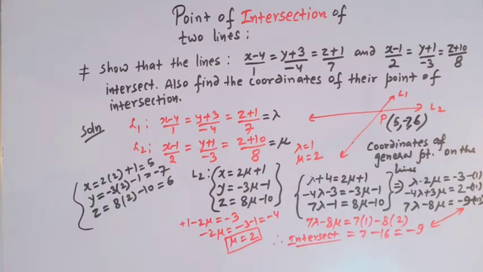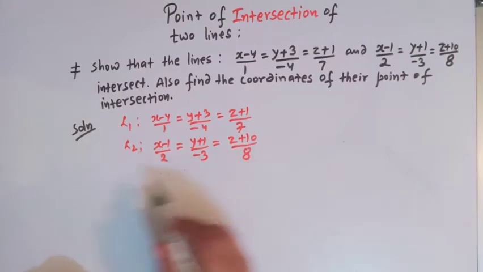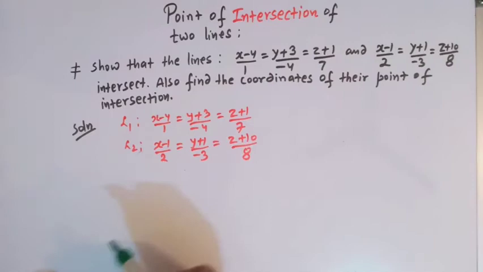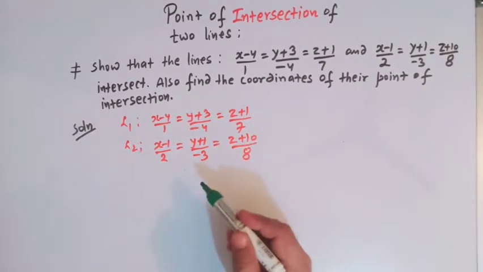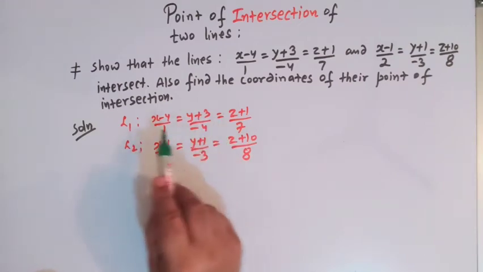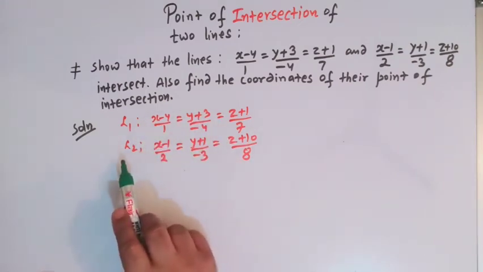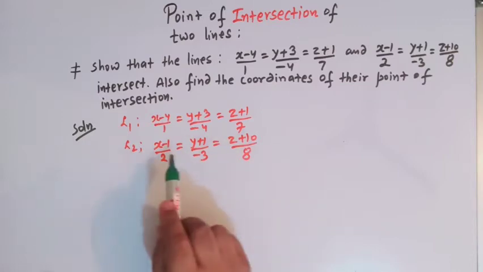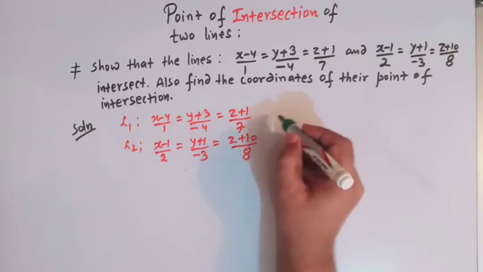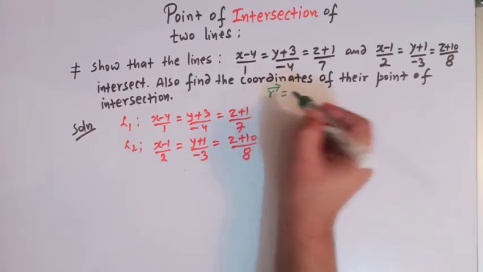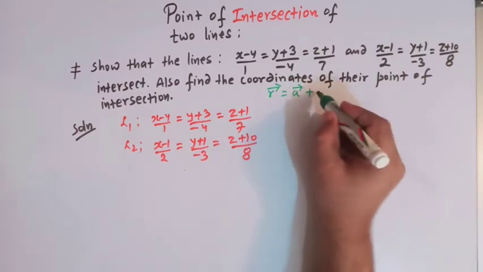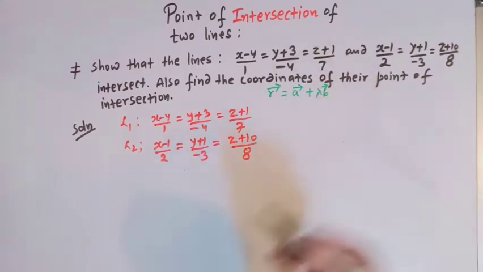This is how we solve this problem. Now there is one more method to show that these two lines intersect, so let us discuss that method. Here the equation of the line L1 is given in Cartesian form, and also the equation of line L2 is given in Cartesian form. So let us convert these two equations into vector form. The vector form of a line is vector r equals vector a plus lambda times vector b.